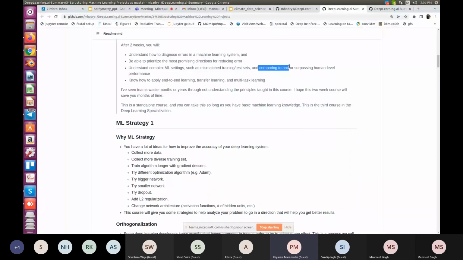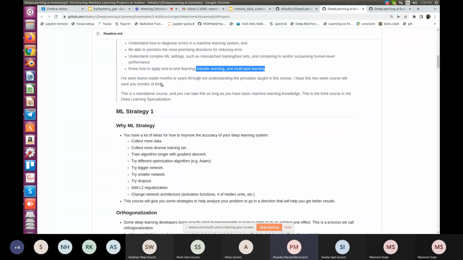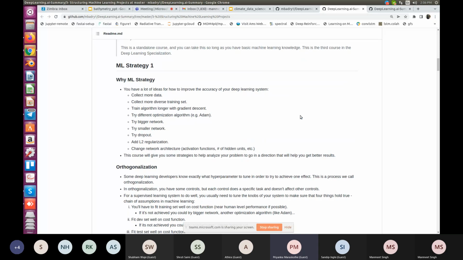The aim is to give you a flavor of how to apply end-to-end deep learning to your project, and perform transfer learning or multitask learning. He says that people waste lots of time not understanding the principles taught in this course, and the hope is that this will save a lot of your time when you are actually doing hands-on work on your specialized projects.